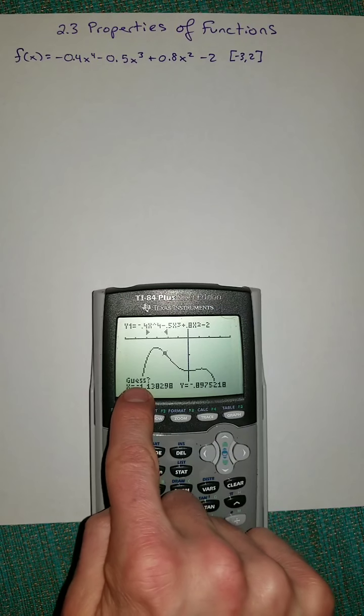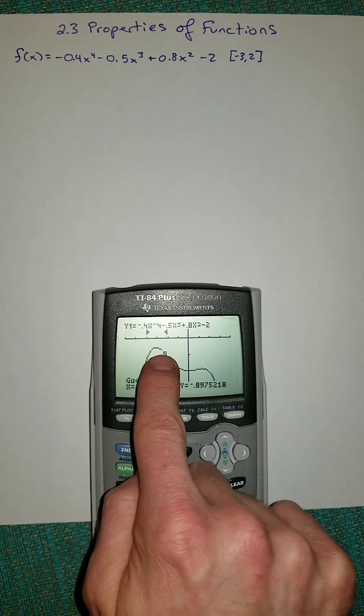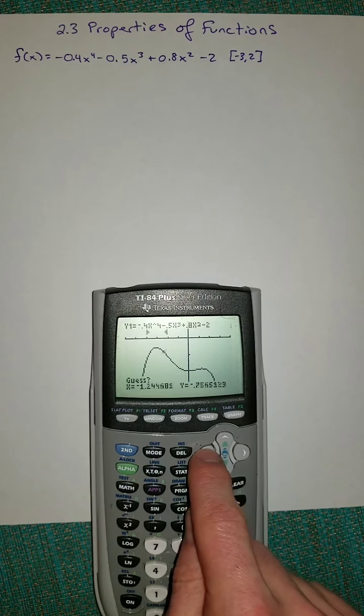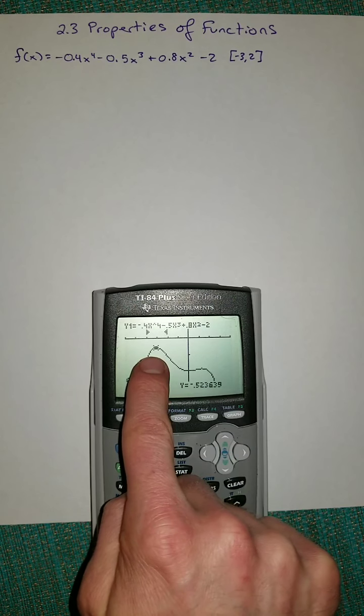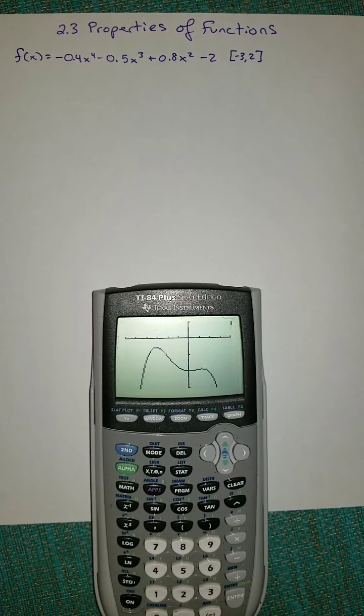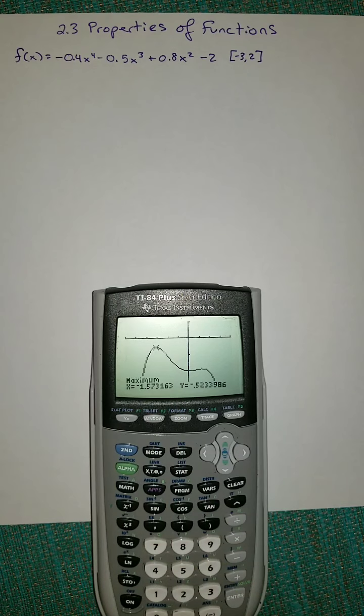Okay. Now it asks for a guess. It's possible that there's more than one maximum in there, and that's why the calculator wants you to guess at it. I just put my cursor as close as I can and hit enter, and it will tell me roughly where those are. Now it's rounding these off 1, 2, 3, 4, 5, 6 places after the decimal. The instructions here told me to round to 2 places after the decimal.